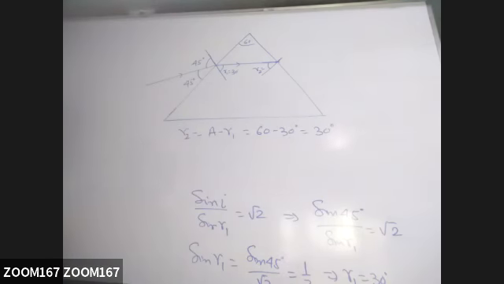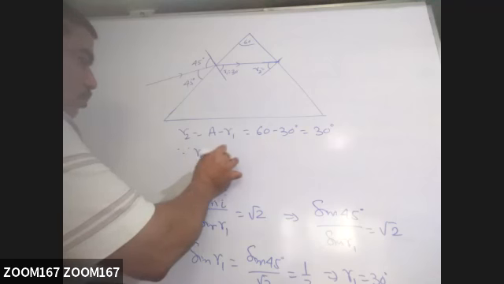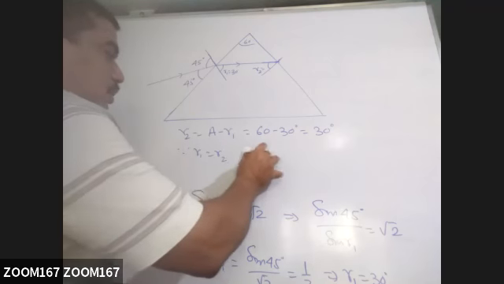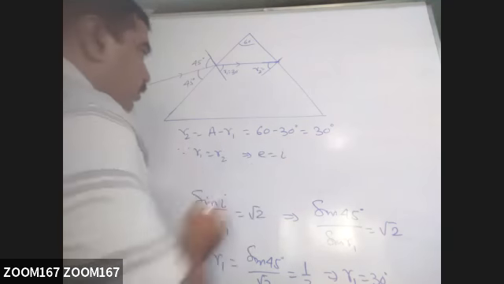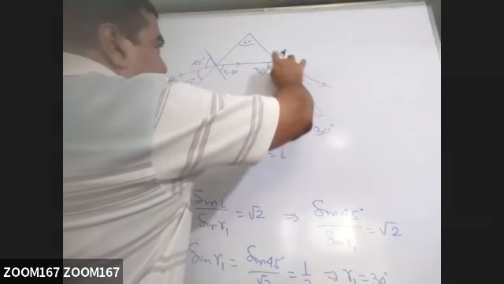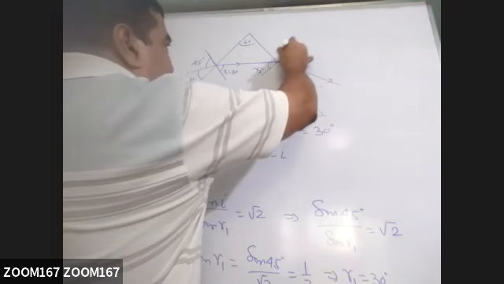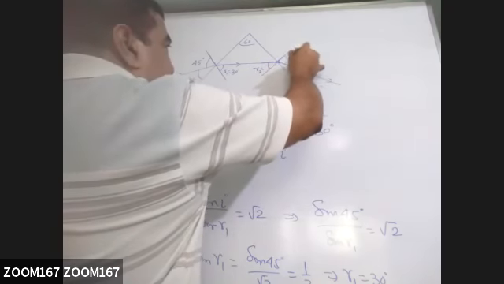So again, this is the case of symmetric deviation. Since r1 is equal to r2, this e will be equal to i, so this angle will be 45.